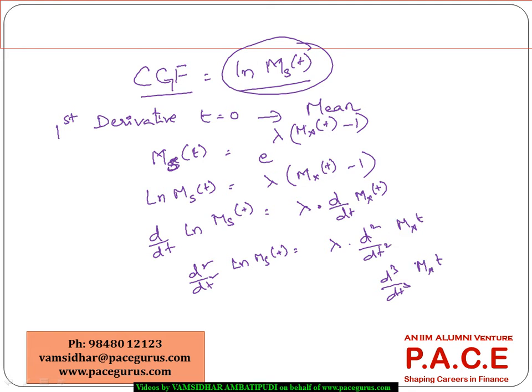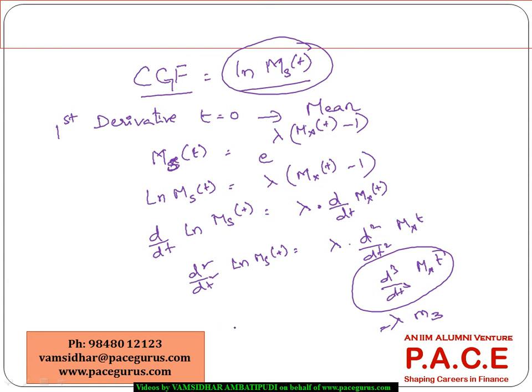At t equal to 0, when I'm differentiating M_X(t) three times, this is M3. So it becomes lambda M3. The third central moment at t equal to 0 is directly lambda M3.